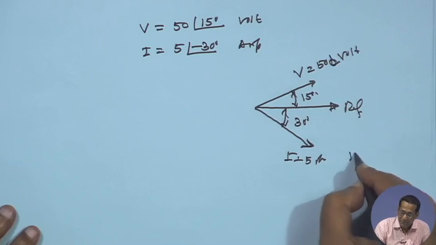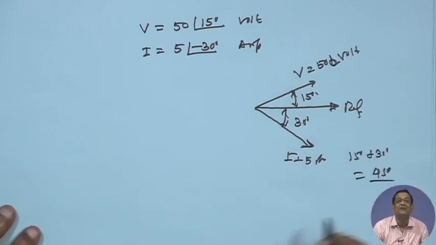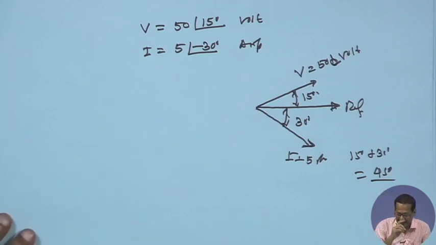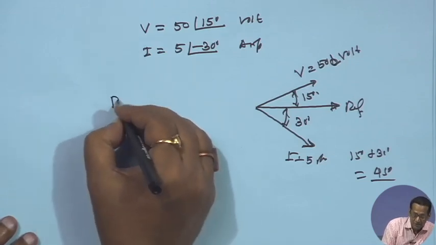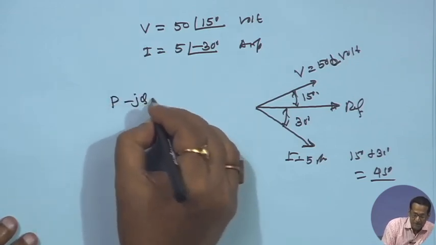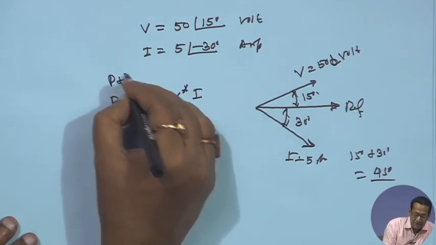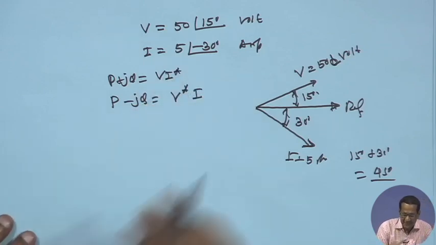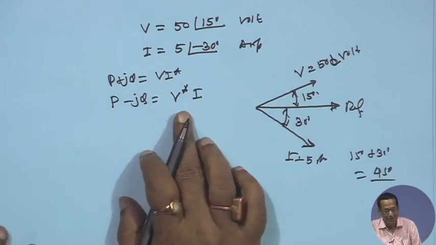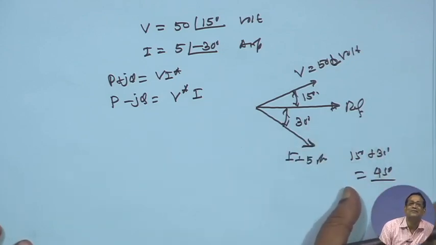It is 15 degree plus 30 degree, which is 45 degree. That means the conjugate term comes in there itself. That is why we write P minus jQ is equal to V conjugate I, or otherwise we write P plus jQ is equal to V I conjugate. But generally in our power system studies we follow V conjugate I for easy mathematical derivation.